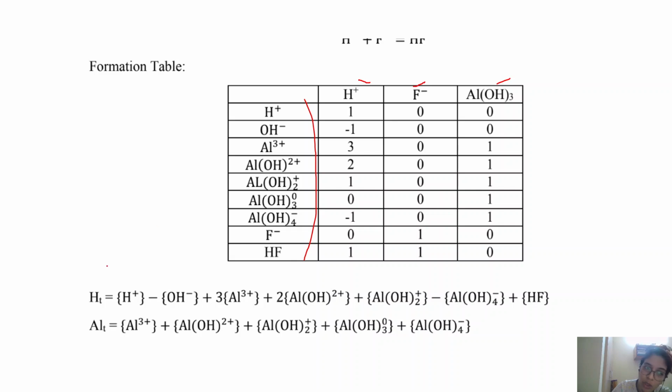By checking how much H plus is there, just by multiplying H plus by 1, OH minus by minus 1, Al3 plus by 3, AlOH2 plus by 2. You can see here. Similarly, we are making it for AlF2 plus also. So these equations are enough for forming these things.